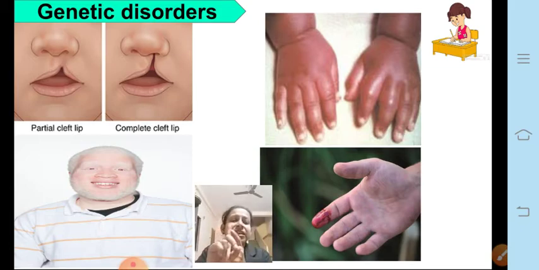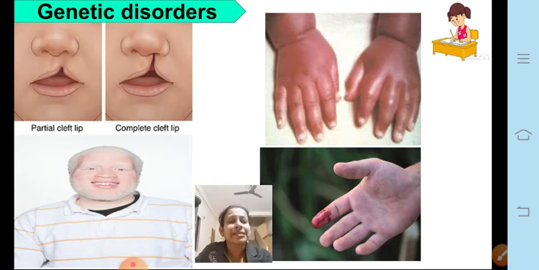Therefore, even if there is a small injury anywhere on the body, the blood will continuously flow. This is called haemophilia, one of the physiological disorders which occurs within the body. Sickle cell anemia is also a physiological disorder, whereas cleft palate, cleft lip and albinism are physical disorders, meaning you can see the outer appearance like this.